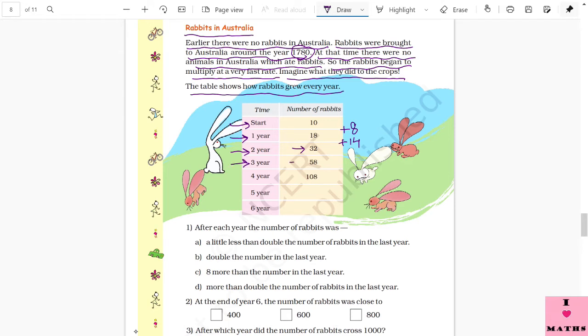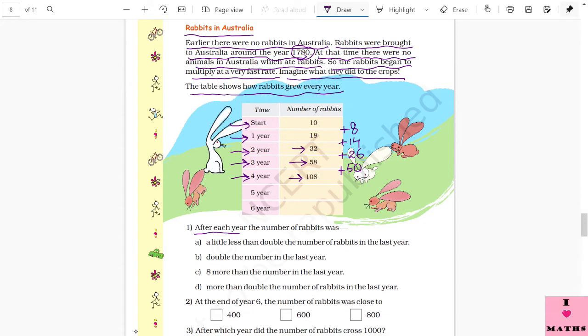In the third year, there were 58 rabbits. It means there was an addition of 26 rabbits. In the fourth year, there were 108 rabbits. It means there was an addition of 50 rabbits.